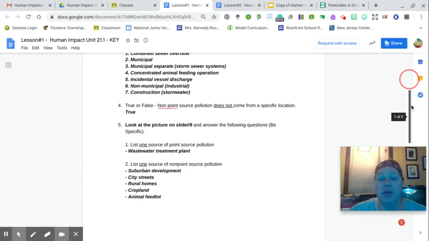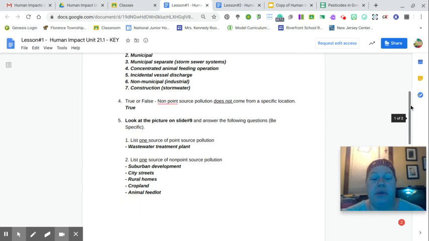List 1 source of point source pollution. So the example would be wastewater treatment plant. And 1 source of non-point source pollution could be any of these things: suburban development, city streets, rural homes, cropland, and the animal feedlot. So all of those fall in that category.